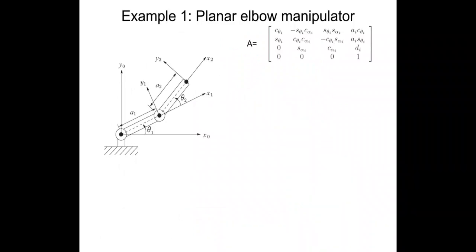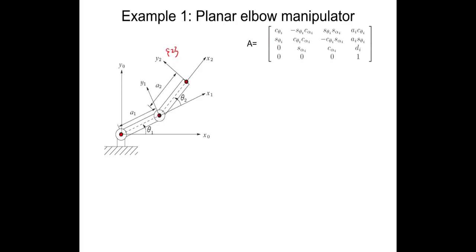For this example, we have a planar elbow manipulator. It's pretty simple. Here we have joint 1 and joint 2, and right here we may consider the end effector. Frame 2 is the coordinate frame for the end effector. We have frame 0 for joint 1 and frame 1 for joint 2.